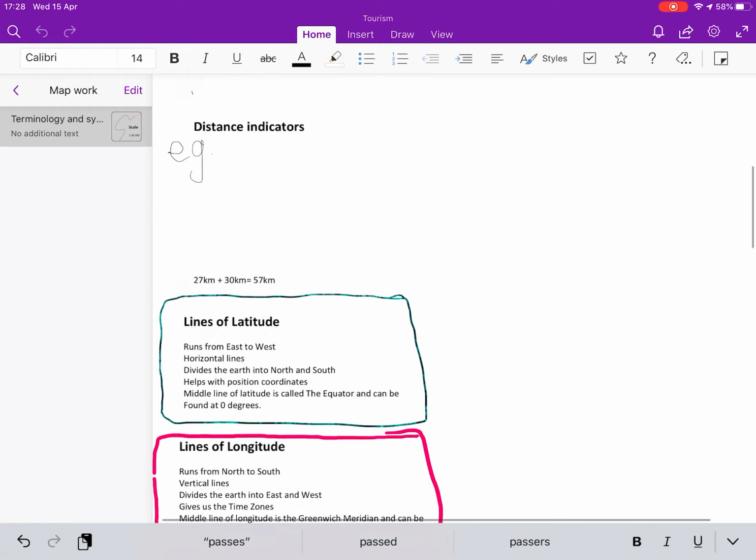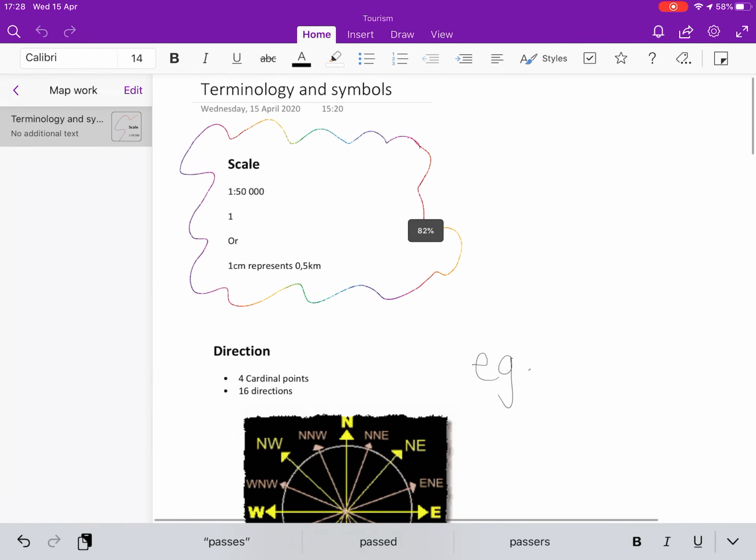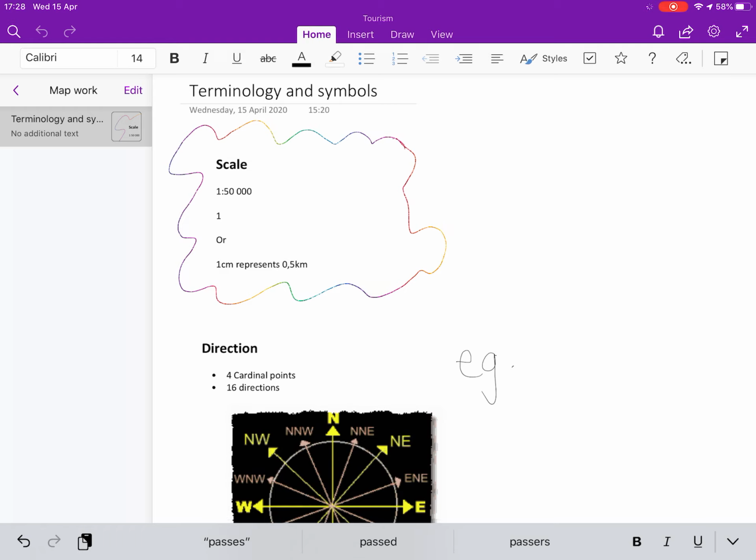Okay, so up here, we have a scale of 1 to 50,000. If we have a scale of 1 to 50,000, it means that 1 centimeter on the map represents 50,000 centimeters in reality.